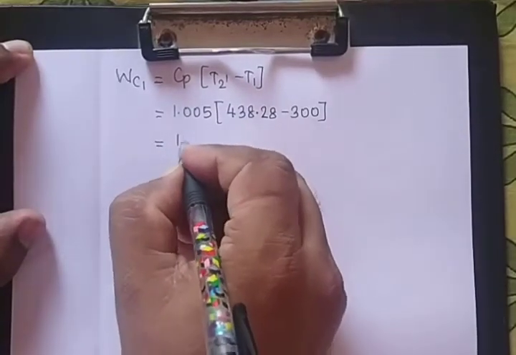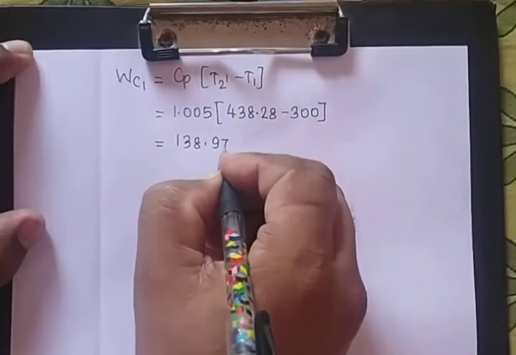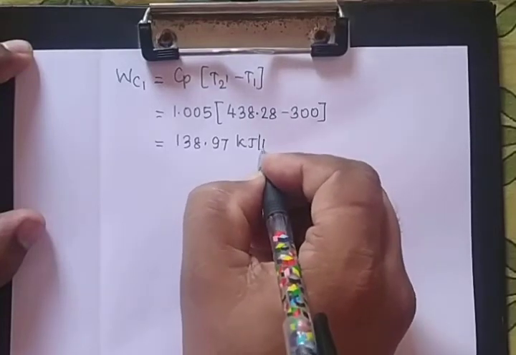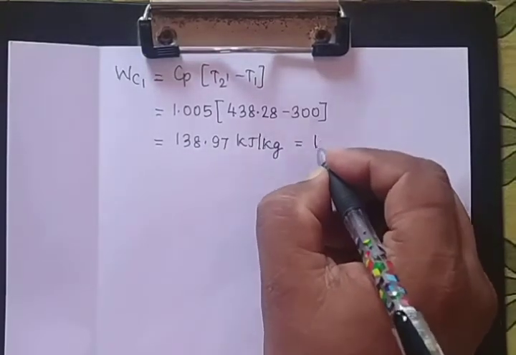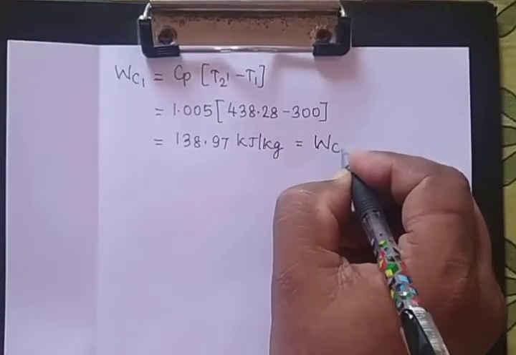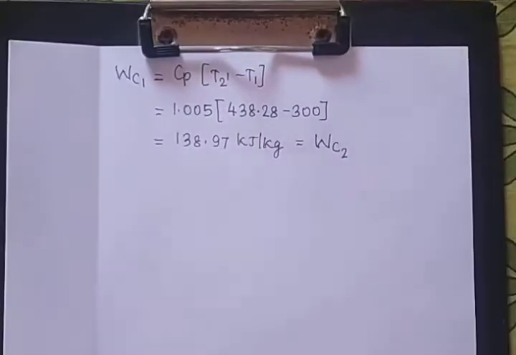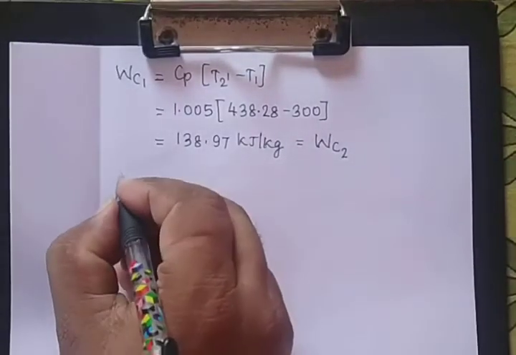So you get the value as 138.97 kilojoules per kg. So you are finding it per kg. So M is 1. So this work of compression for the first stage is same as work of compression for second stage. Then next find out the work done by turbine 1.